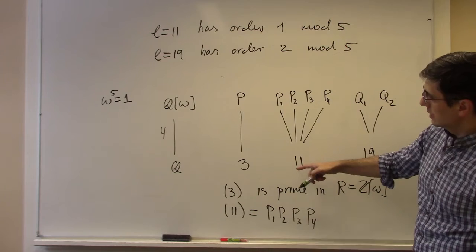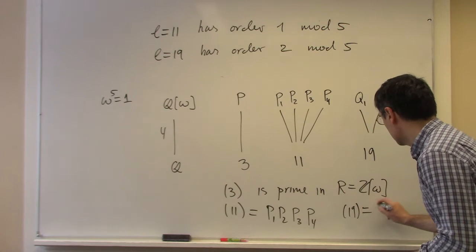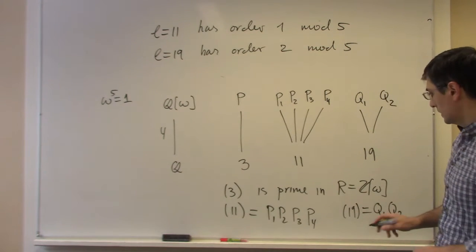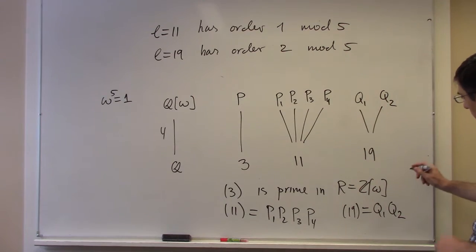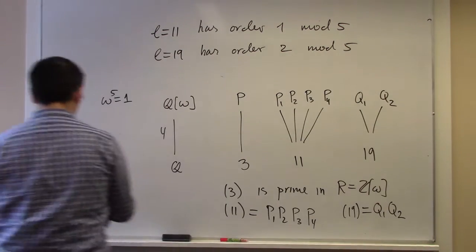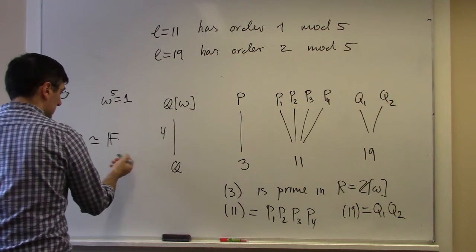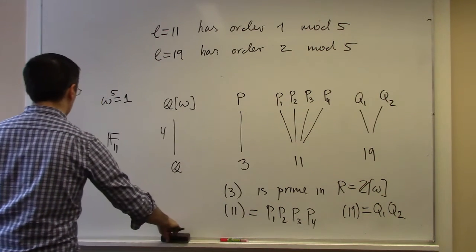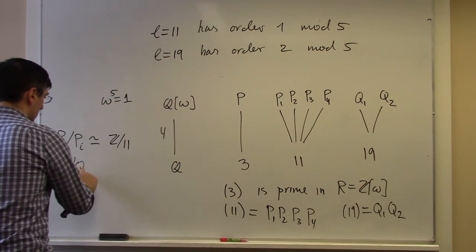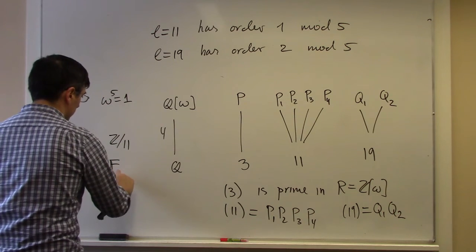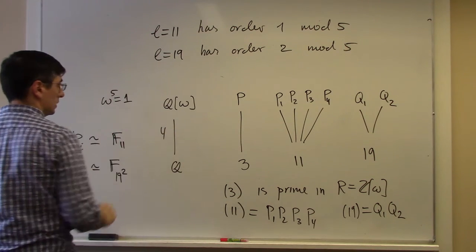And this 19 is equal to Q1 Q2, and the inertial degree is 2, meaning that R mod Pi is really the same as Z mod 11, that is F11, but R mod Qi is isomorphic to F19 squared, F_{19^2}.